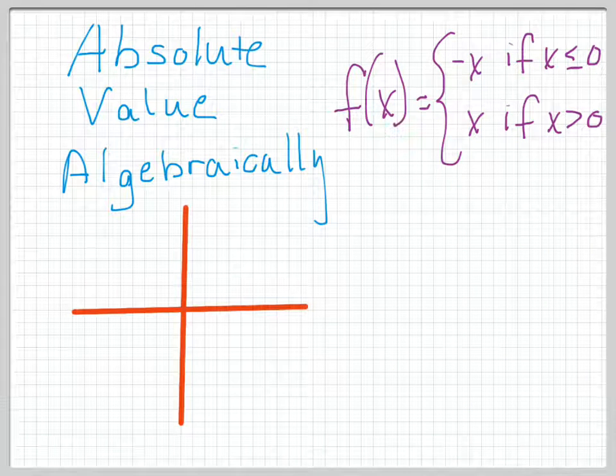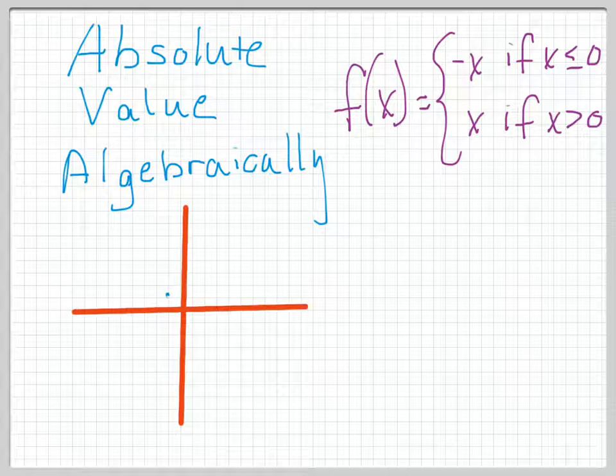Okay, so here is our absolute value function written algebraically. When it's written algebraically, it's written in two pieces because the V has two pieces. So in our first one, we're going to look at the values being the negative of x for all the values where x is less than or equal to 0.